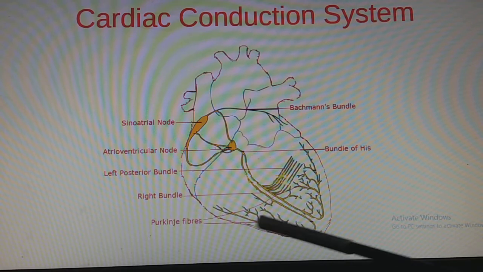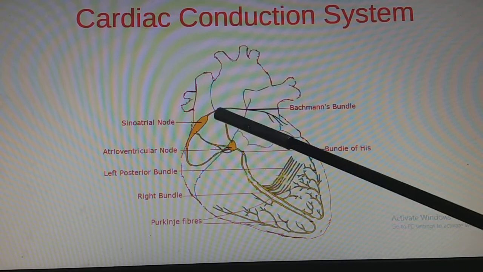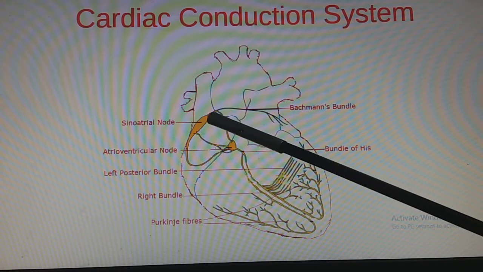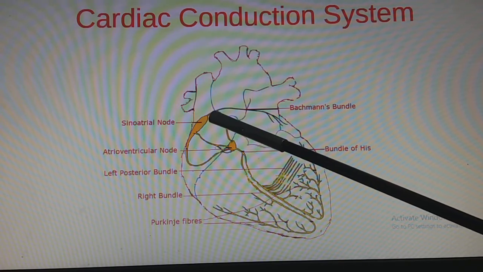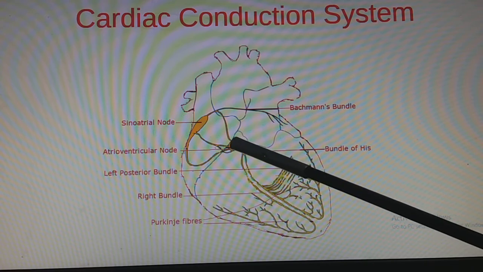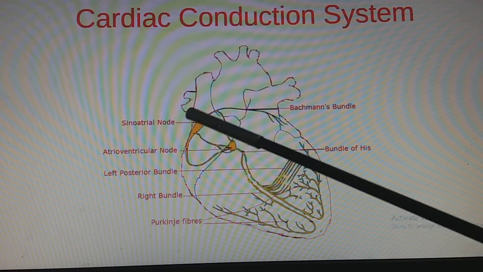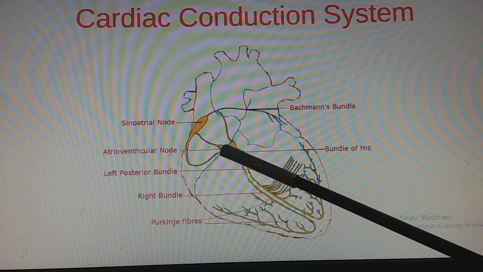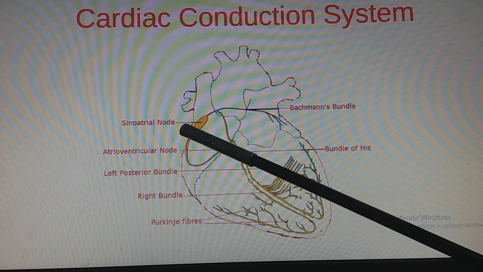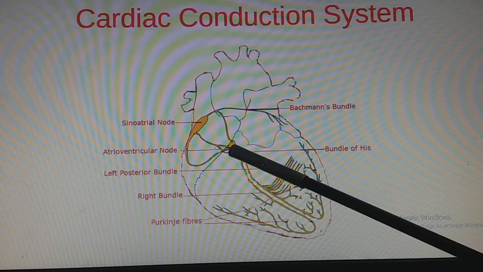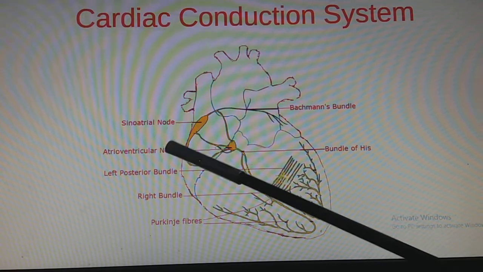How? In the diagram you can see this is the sinoatrial node, which is a bundle or a cluster of specialized cardiac muscle cells. Second is the atrioventricular node, or AV node. Both of the nodes are situated on the wall of the right atrium. The sinoatrial node is here, and opposite to this, on the wall of the right atrium, the AV node is situated.